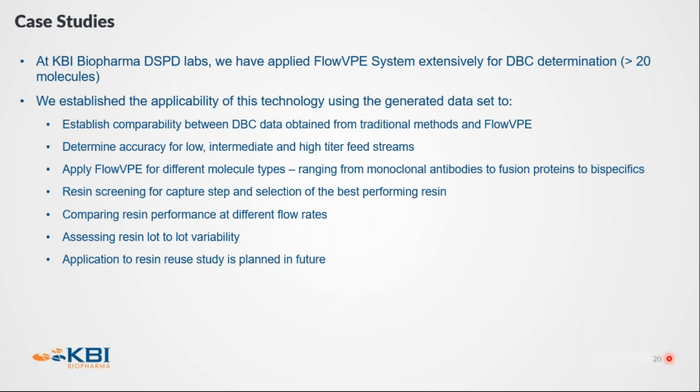And once we had established the comparability, we moved on to resin screening and process optimization using the FlowVPE. We have used it for resin comparison, flow rate comparisons, and resin lot to lot variability assessment. And we are also planning a resin reuse study using this technology in future.